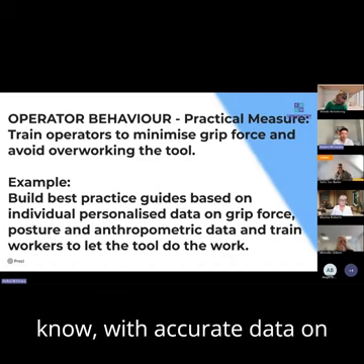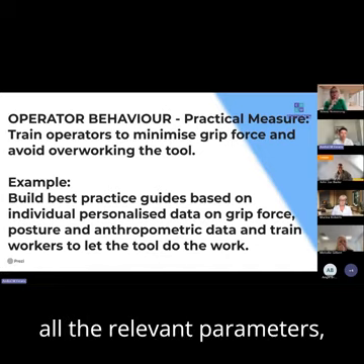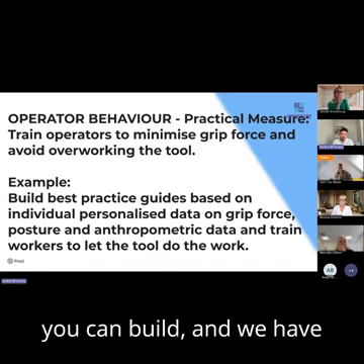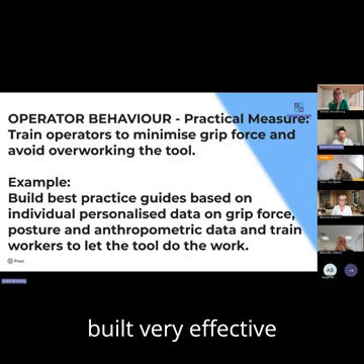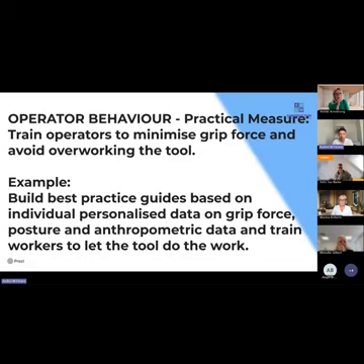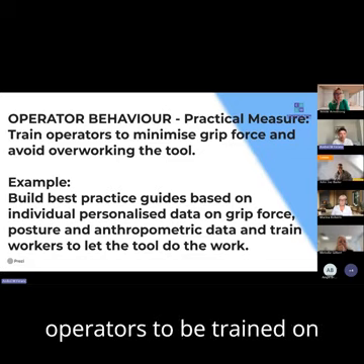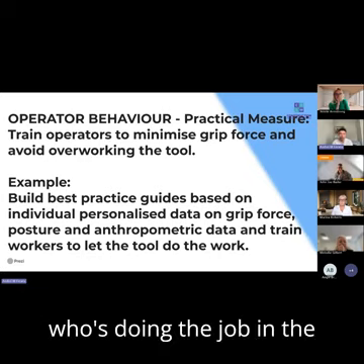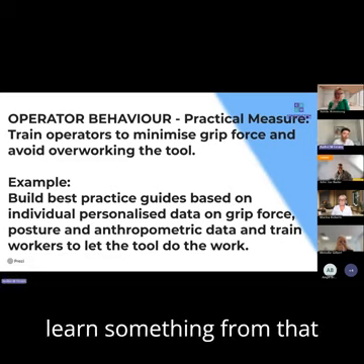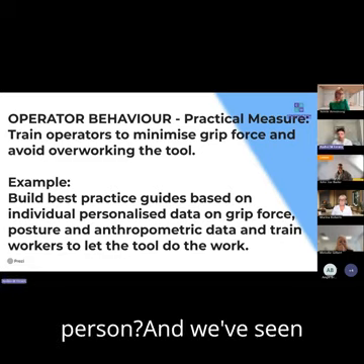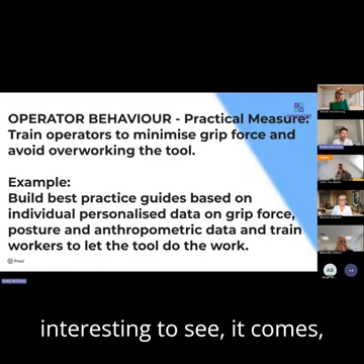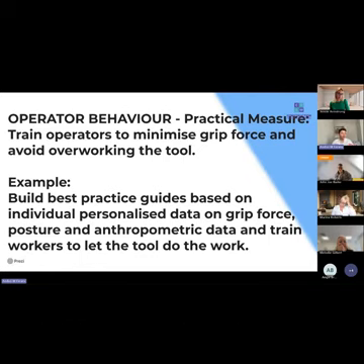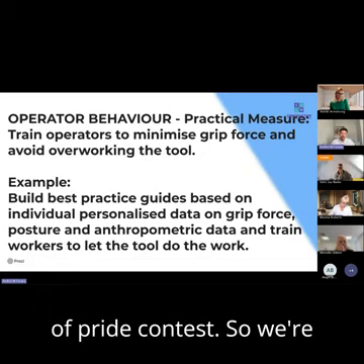So with accurate data on all the relevant parameters, you can build, and we have built, very effective best practice guides for operators to be trained on and understand who's doing the job in the most efficient way. Can we learn something from that person? And it's really interesting to see, it becomes a sort of pride contest.